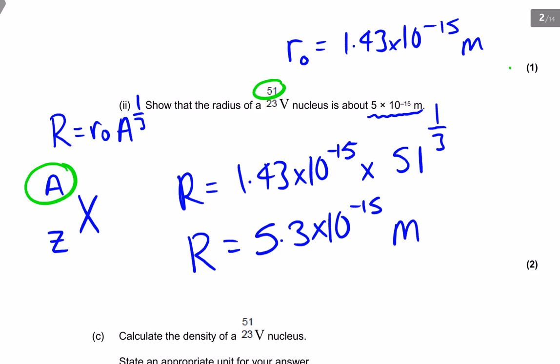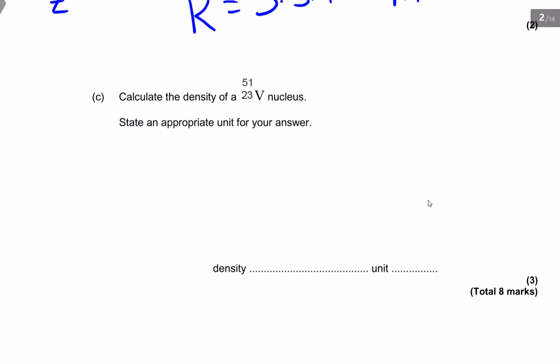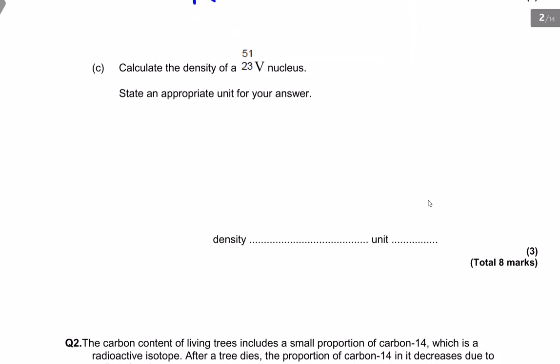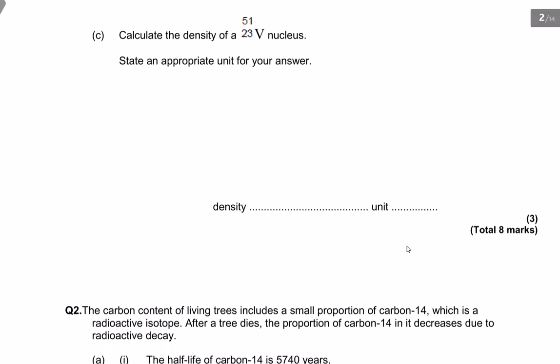Okay. Next question, C. Calculate the density of that same nucleus. State an appropriate unit for your answer. Okay, this is actually quite simple stuff. Density, so the symbol rho, is mass divided by volume.